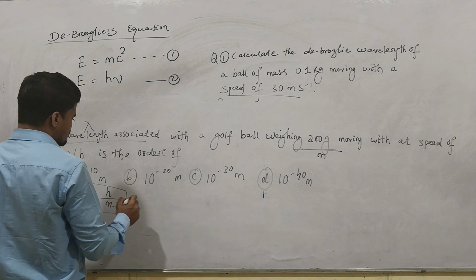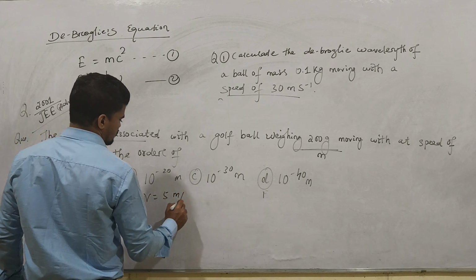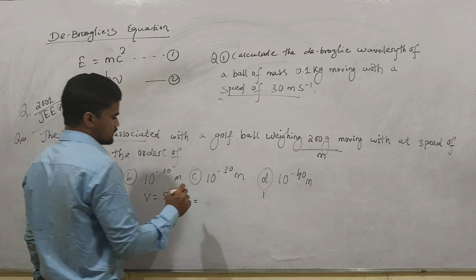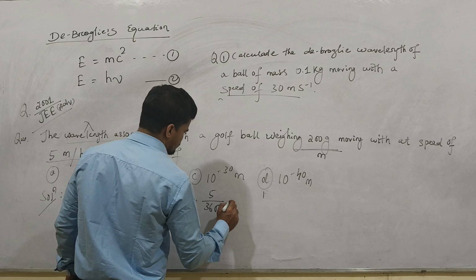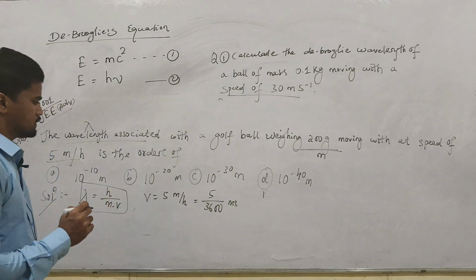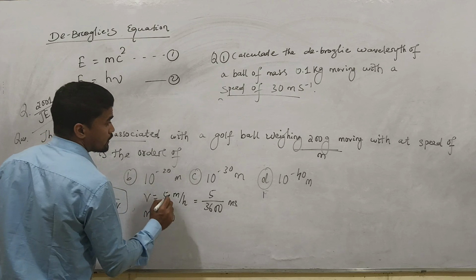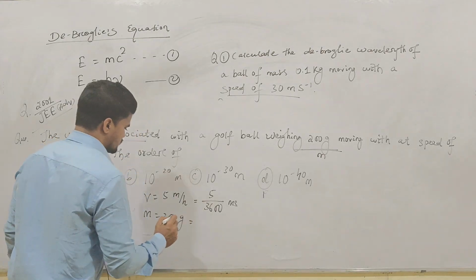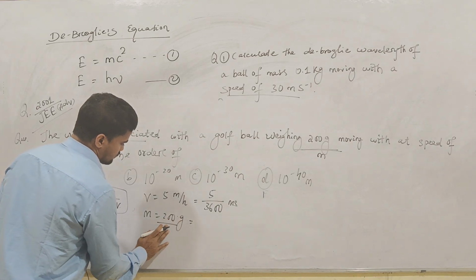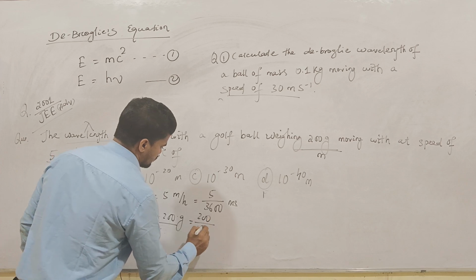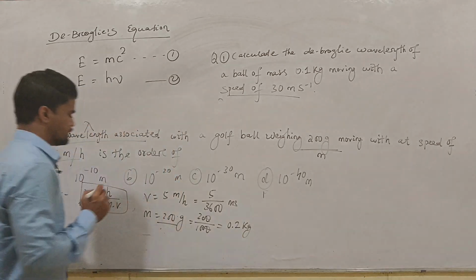Velocity is given as 5 meter per hour, and 1 hour is 3600 seconds, so that is 5 upon 3600 meter per second.